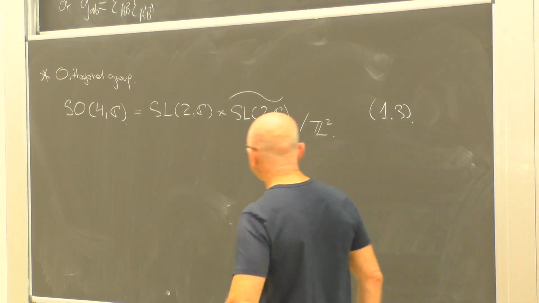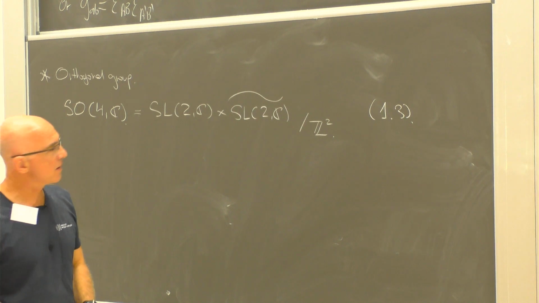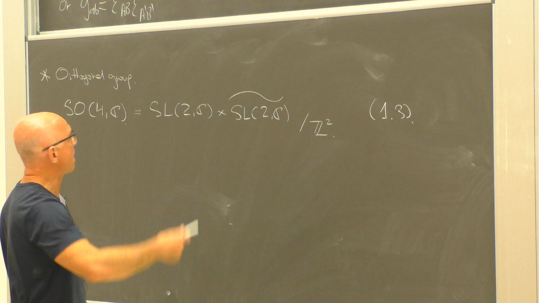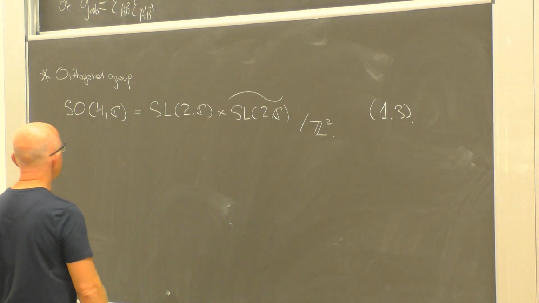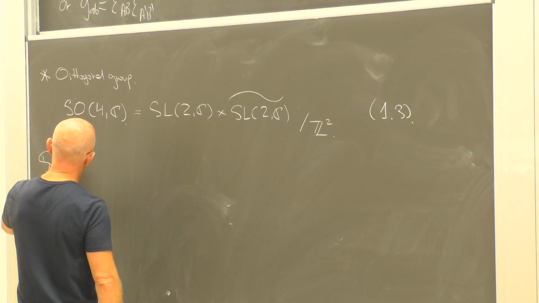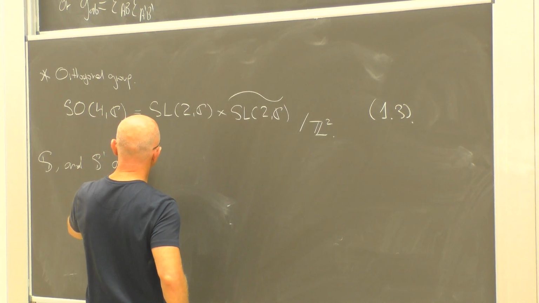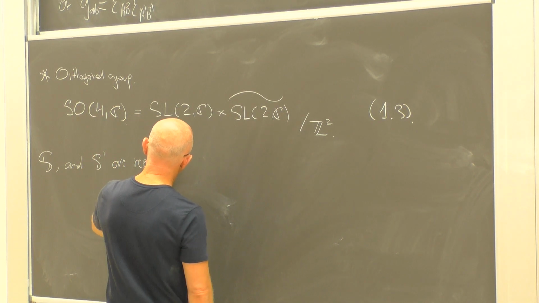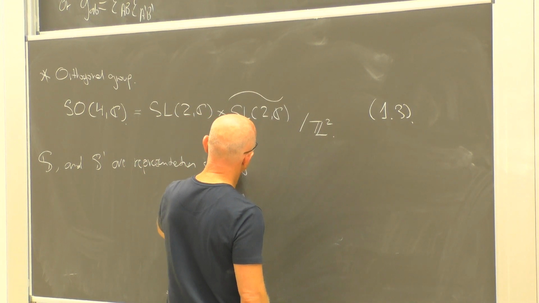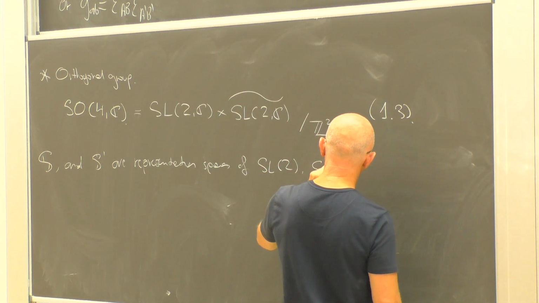Okay. So now, these SL2C groups, each of them acts on its corresponding spin bundle. So the relation of 1.3 and 1.2 is that S and S prime are representation spaces of one SL2 and the other one.